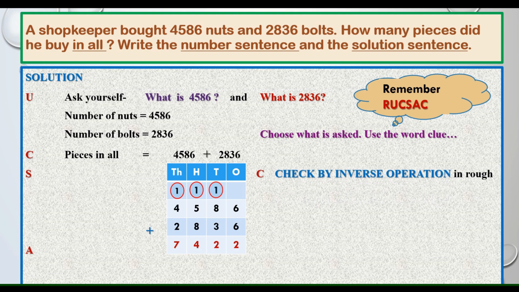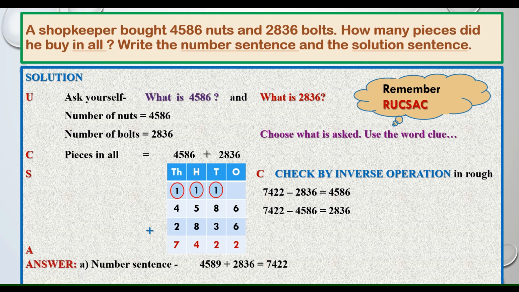The inverse operation of addition is subtraction. So here the answer, the sum, is 7422. You can subtract any of the addends. You should get the other addend as an answer. So here, when we subtract, we got the answer. If we get the same answer, then that means our solution is right.